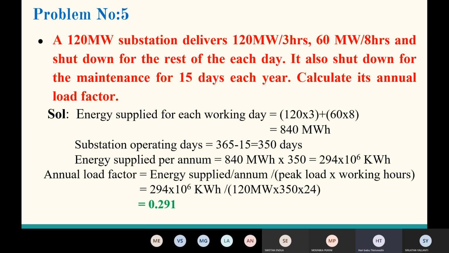Megawatt is nothing but 10 power 6 in kilowatt terms. So that 3 zeros goes to the kilo, and mega is nothing but 10 power 6. Next we have to determine the load factor, right? So that's why I am taking kilowatt hour.